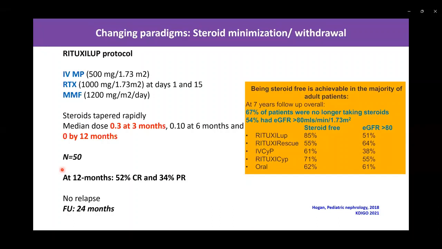Recently, there has been a paper from India that showed excellent response to rituximab at 3 years of follow-up in pediatric patients. Studies from adults, which is mostly cohort data, has shown that being steroid-free is definitely achievable in 67% of patients with a satisfactory long-term kidney outcome.